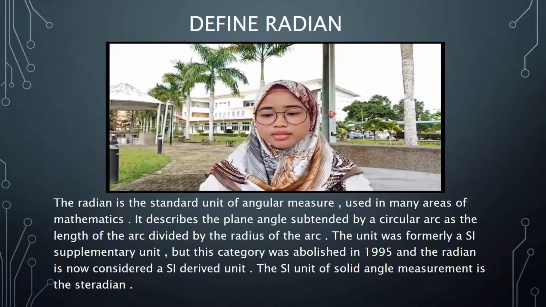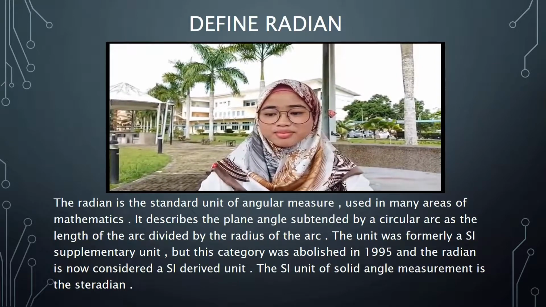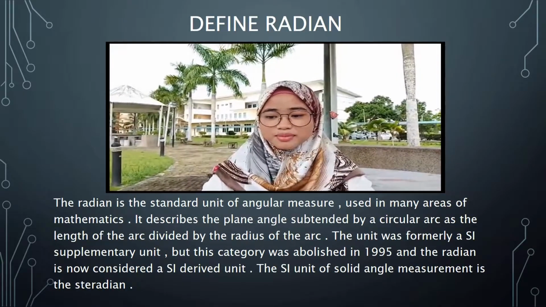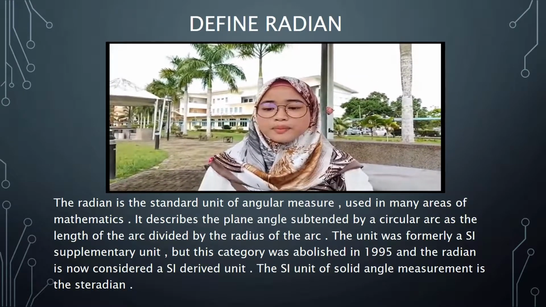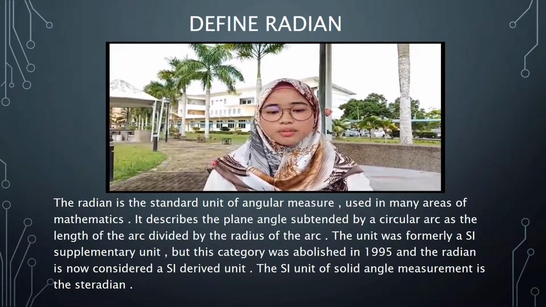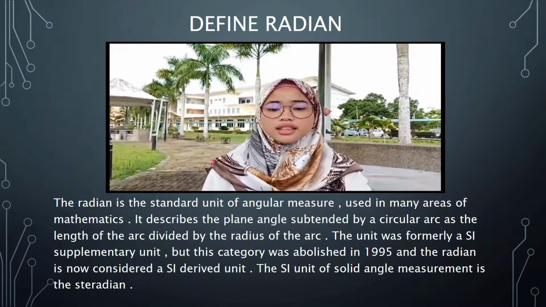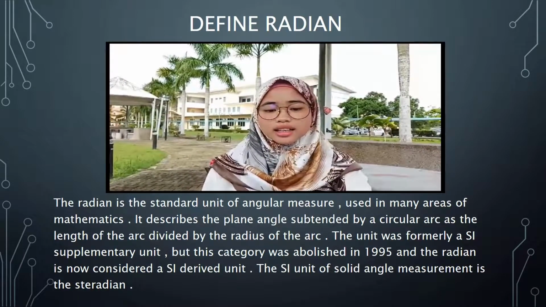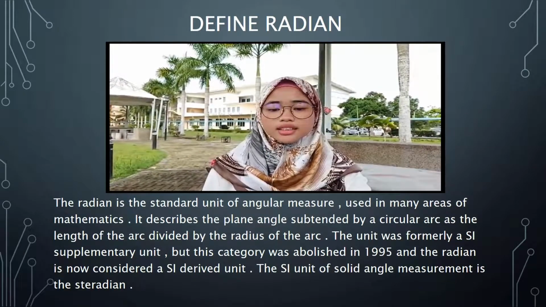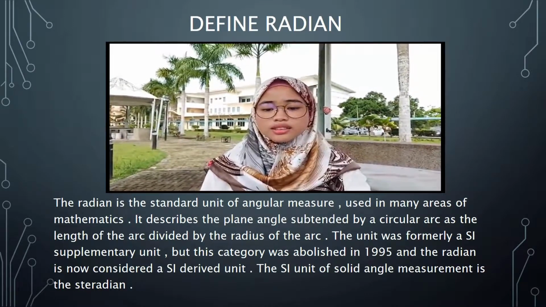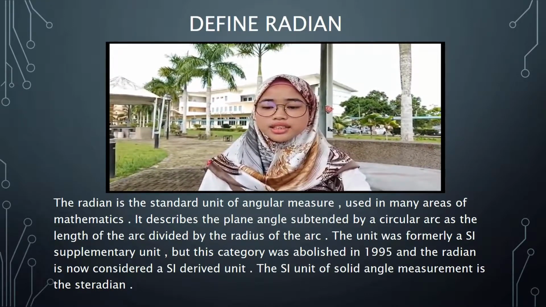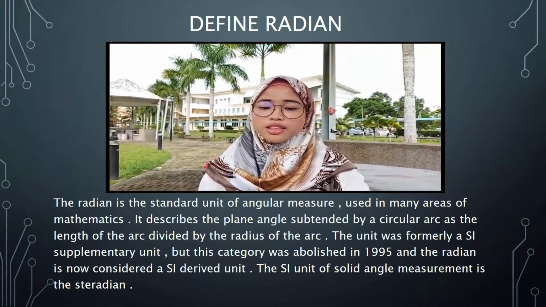The SI unit of solid angle measurement is the steradian. Conversion between radian and degree: 1 radian is equal to 180 over pi degrees. Thus, to convert from radians to degrees, multiply by 180 over pi.